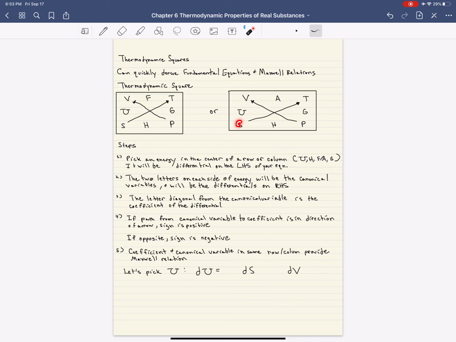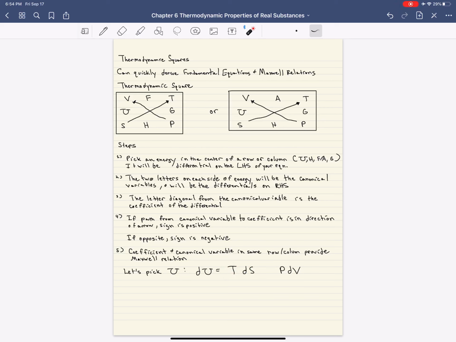Then, from each of these canonical variables, we would follow the arrow directly diagonal to it to find the coefficient. For S, diagonal from it is T. And for V, diagonal from it is P. When we went diagonal from S to T, that was in the direction of this arrow, so T here is going to be positive.